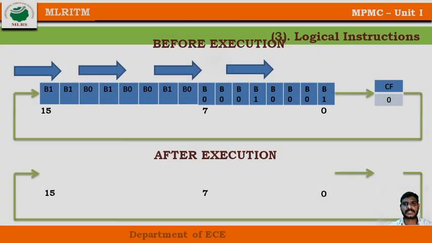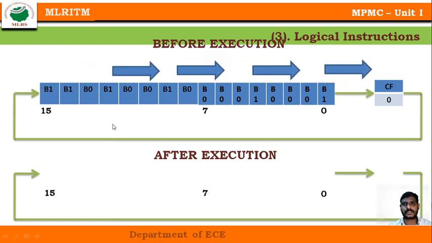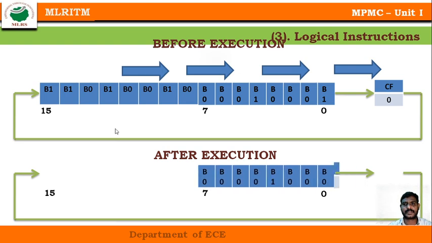If you see this example, this is a rotate right through carry instruction, where I want to shift this information. Before the instruction, these are the data present. The carry flag is empty and bit B1 has a 1. After executing this operation, let's see the result.